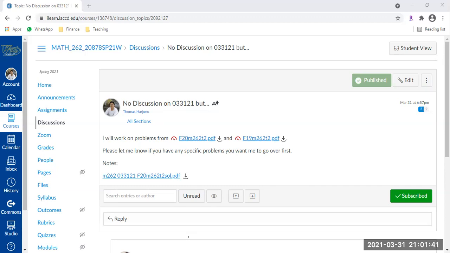Number 7: set up the integral that represents the length of curve C. So y prime is 1 over secant x times secant x tangent x, which is tangent x. So y prime squared will be tangent squared x plus 1, which will be secant squared x.